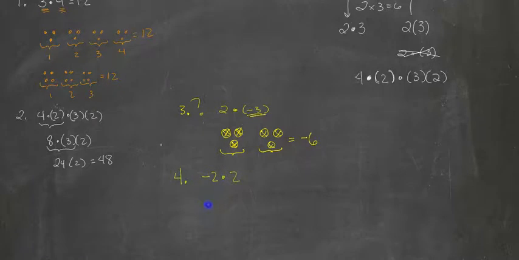Oh, I can't do the dot method because I need x's, right? So I have 1, 2 negatives. That's one pile. And now I need 2 more negatives in a second pile. And how many negatives do I have? I have -4. So -2 times 2 equals -4.